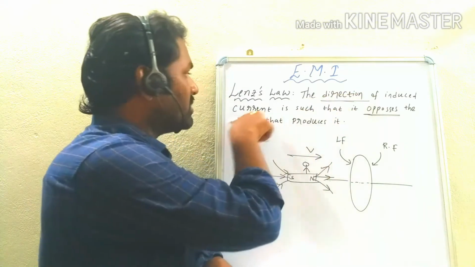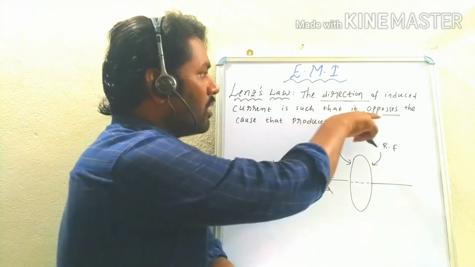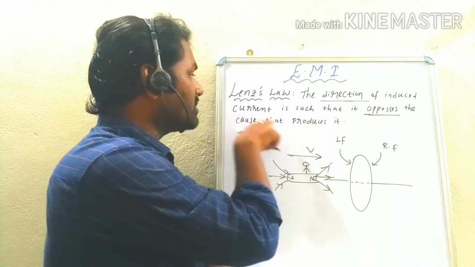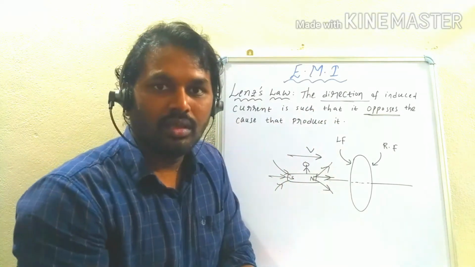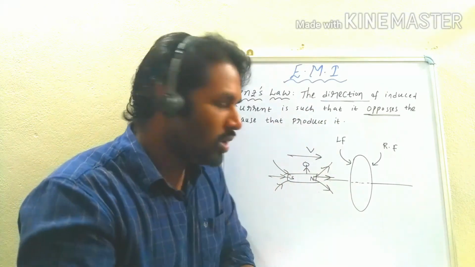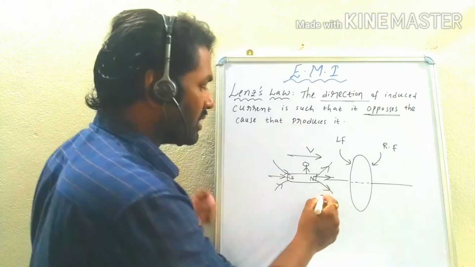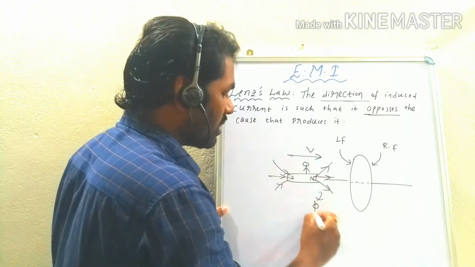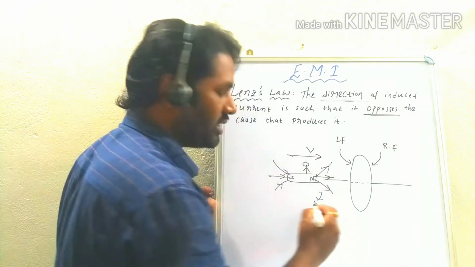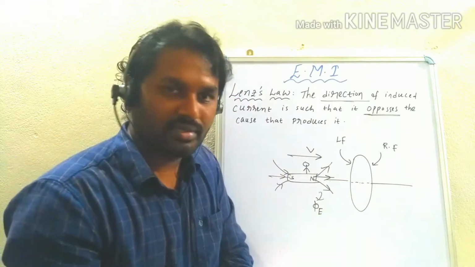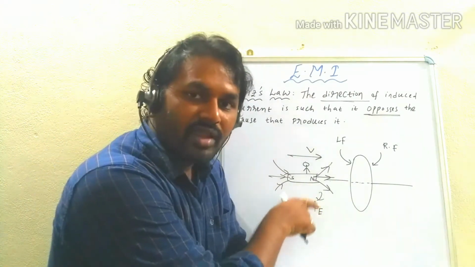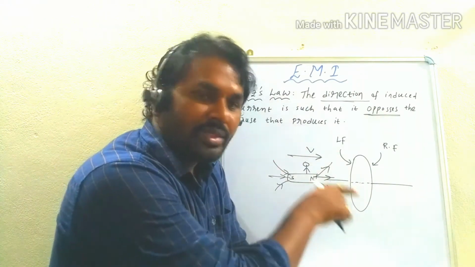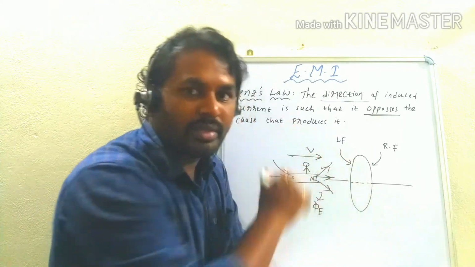The direction of induced current is such that it opposes the cause that produces it. The induced current is because of this external flux. I name it phi E, which is called the external flux. If the external flux is changing, only then is an induced current developed in the coil.